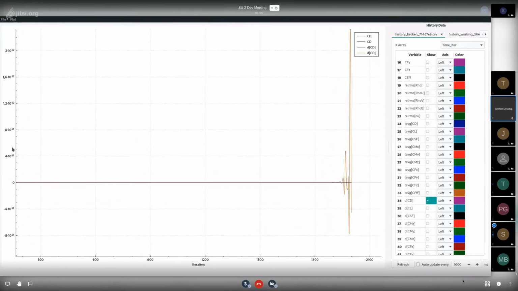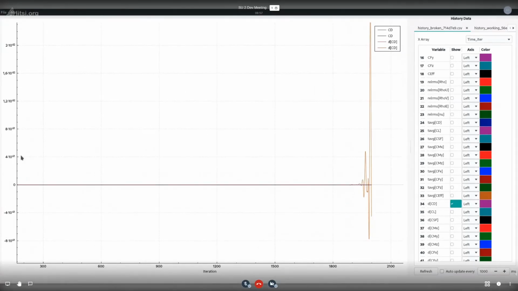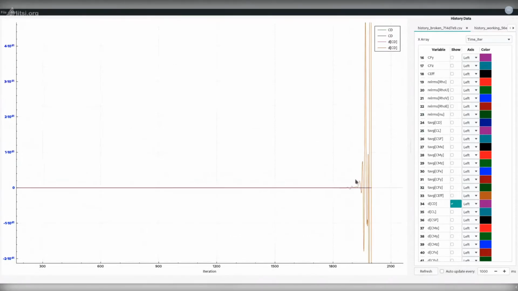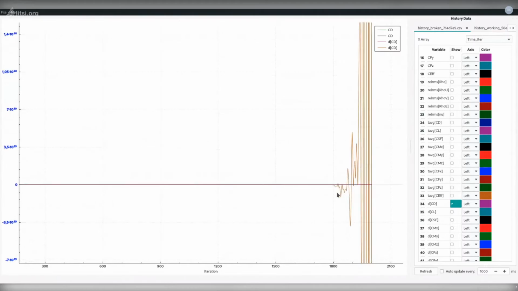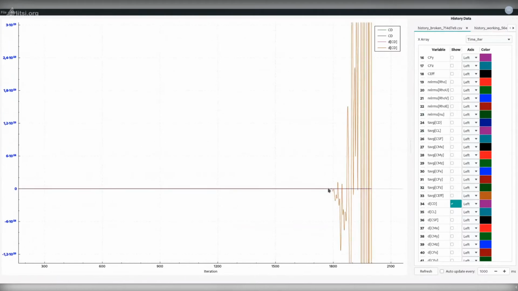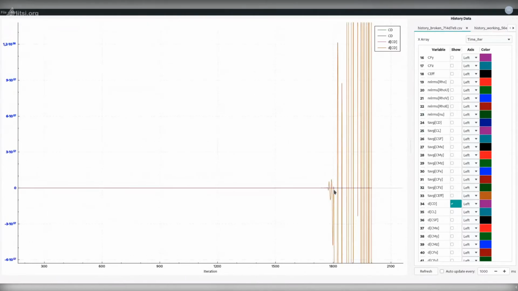You can see here we have values of 10 to the power of 61, and it has this behavior. I don't know how to describe this. And this is with the adjoint, right? This is a direct differentiation run, basically the direct script.